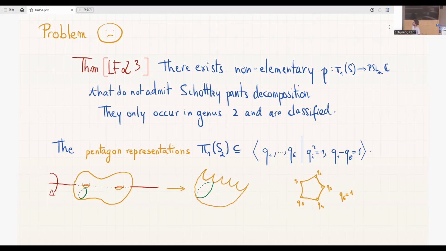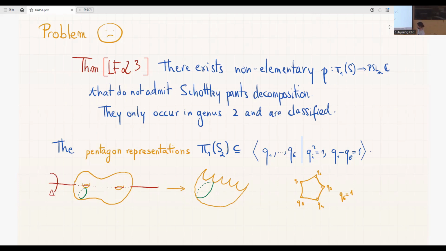The fundamental group of a surface of genus 2 is a subgroup of index 2 of this group with 6 generators that are all of order 2 and whose product is 1. The way to see that is to look at the hyperelliptic involution on your surface.